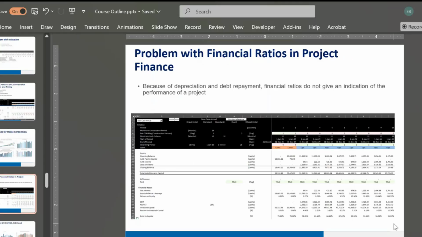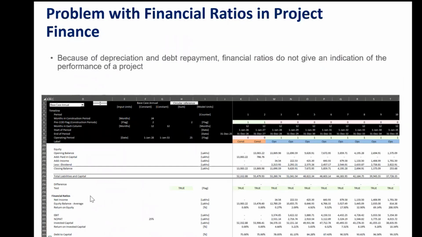But if we look at this, and I'm going to have to increase the screen, if we look at financial ratios for a project, this return on invested capital always starts high and goes low because we don't have any future capex, because our capital is depreciating over time.